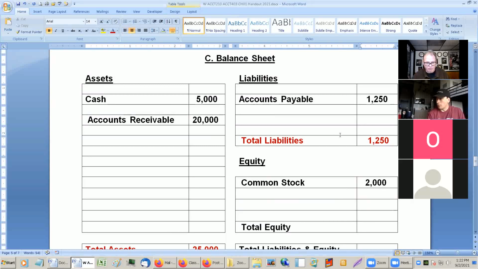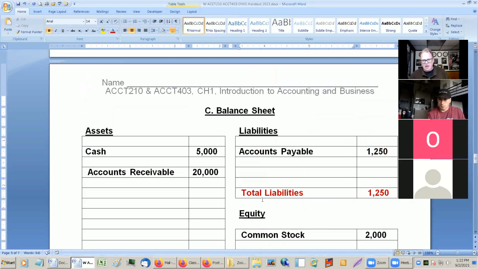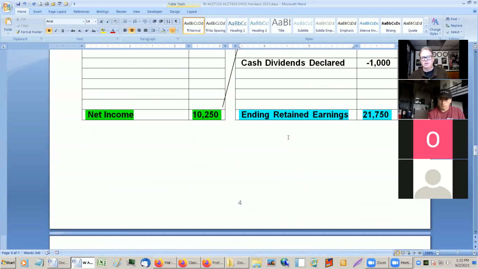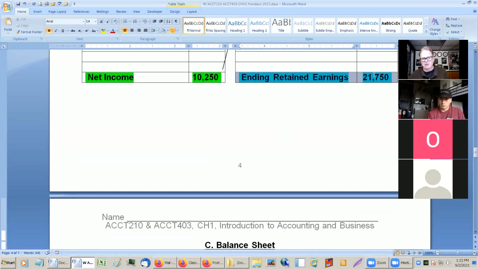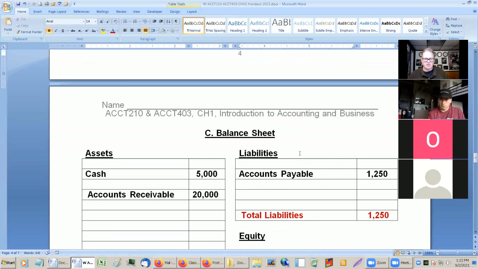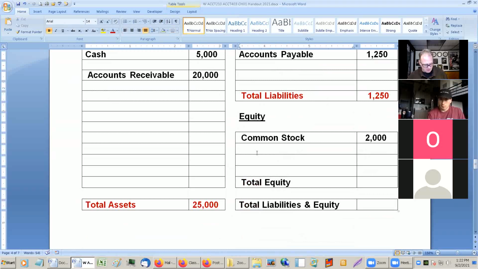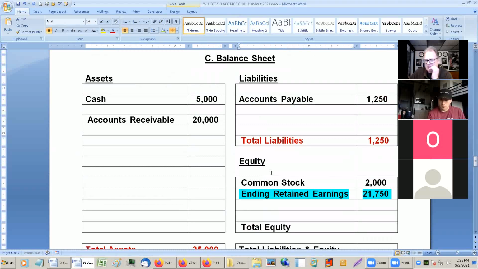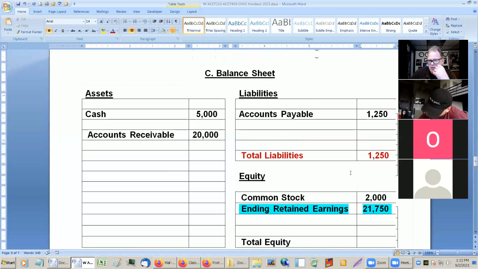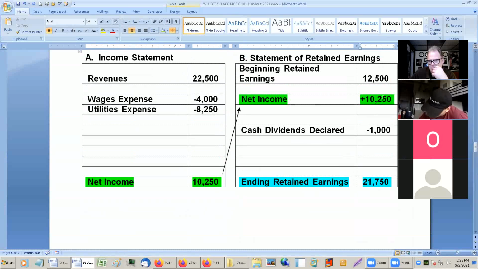And this is the tricky one. I'm just gonna cut and paste it. We take the ending retained earnings. I think I talked to you guys about this last time. If your balance sheet doesn't balance, a lot of times it's retained earnings. Because if you put 10,000 or 12,500 in, obviously it's not going to balance.